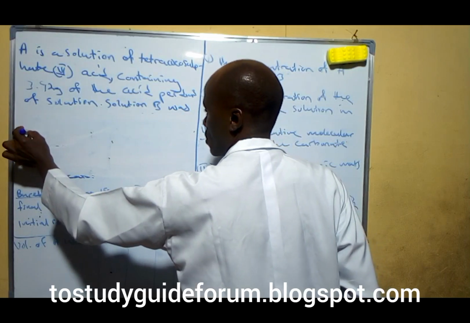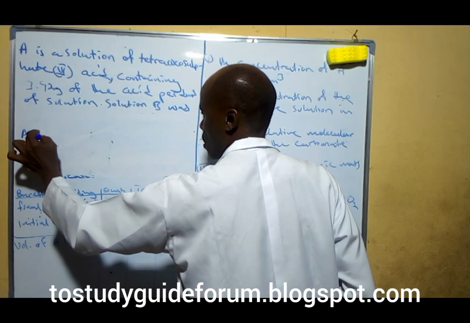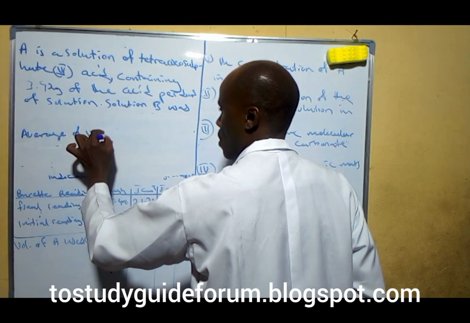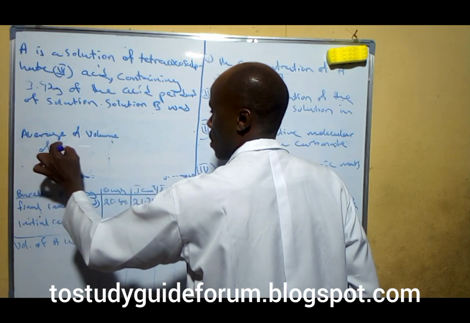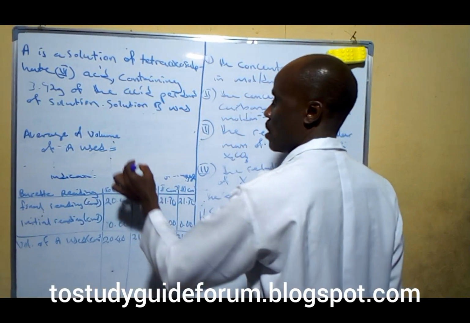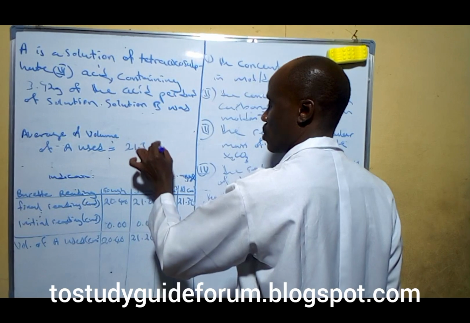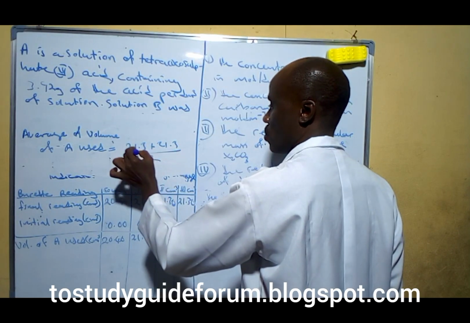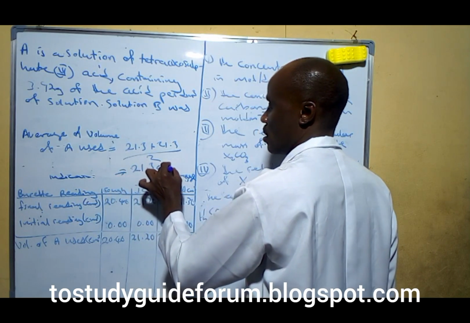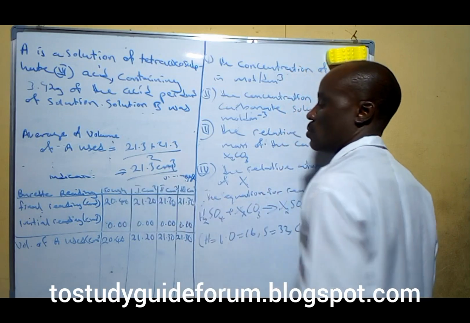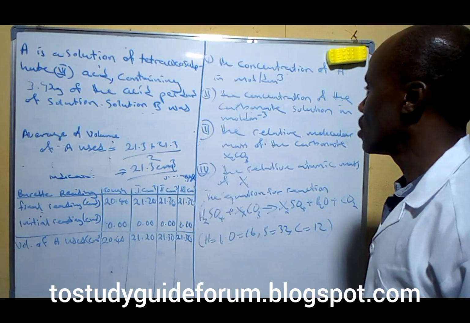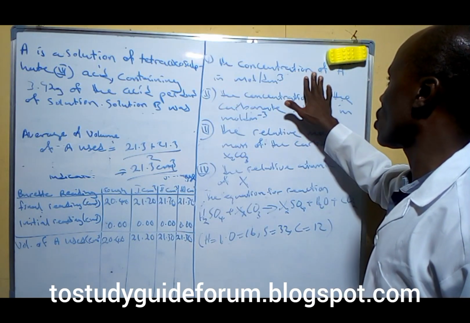The average volume of A used is then 21.3 plus 21.3 all over 2. When we cancel that, the mean of the whole thing is the same as 21.3.